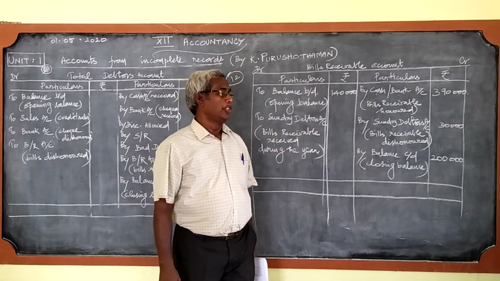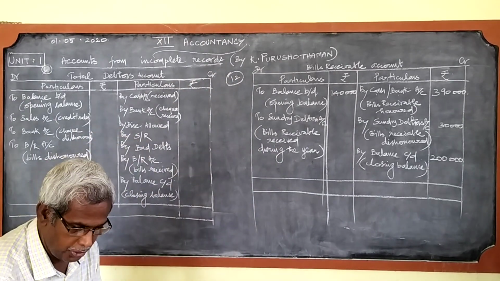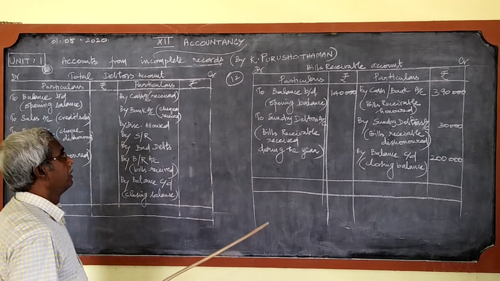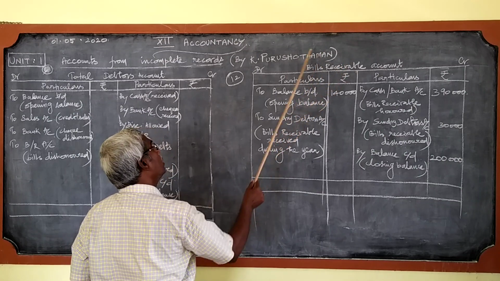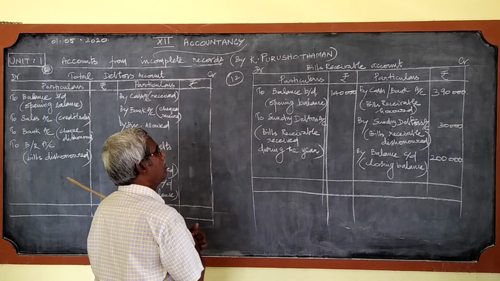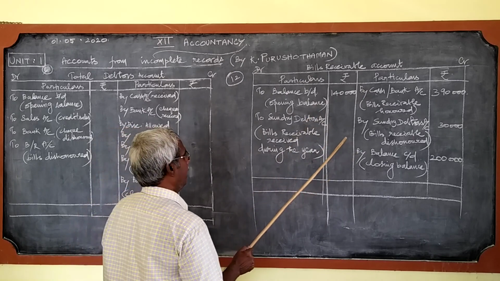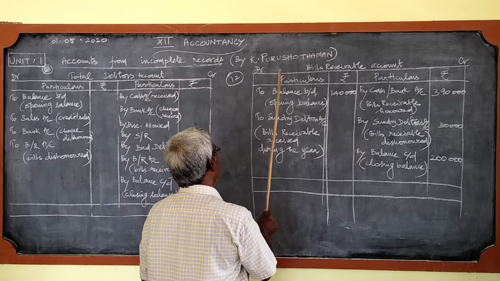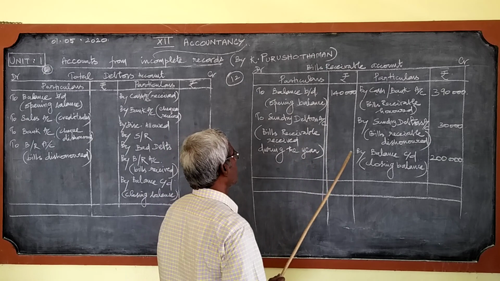Once again, I should repeat it. This is a format new to you, but you should understand the meaning of this. This is the format to prepare the bills receivable account. If you are asked to find the bills receivable account, you should know the format. You should remember the items given under it. There are 5 items given under it. We should remember all those 5 items.